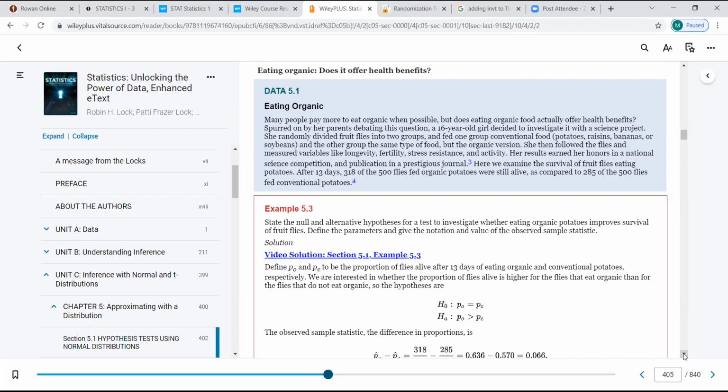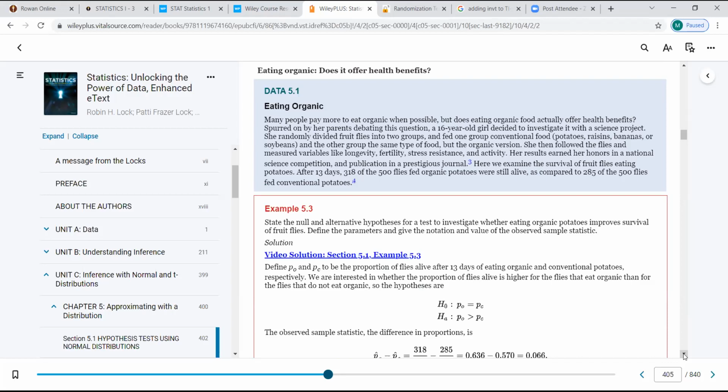She randomly divided fruit flies into 2 groups and fed one group conventional food, and the other group the same type of food, but an organic version of it. So one group got conventional food that was not organic, and the other group got the organic version of the same food.